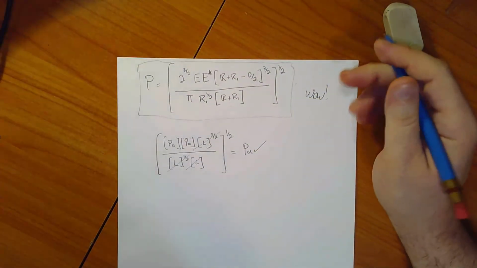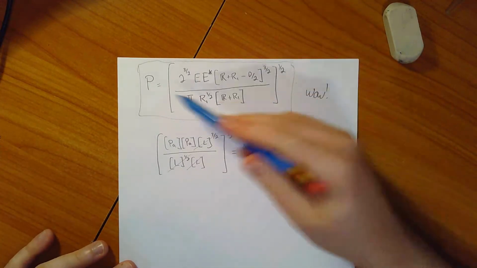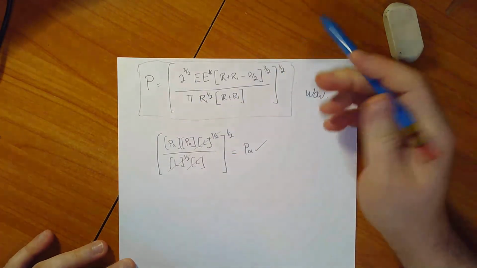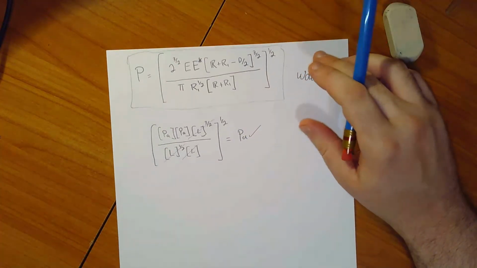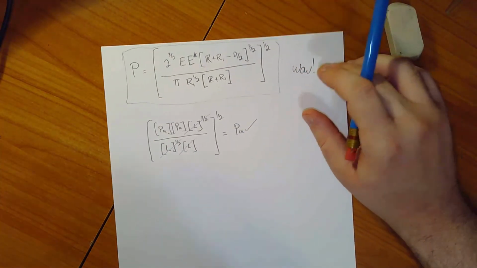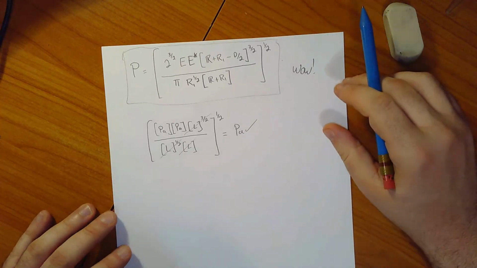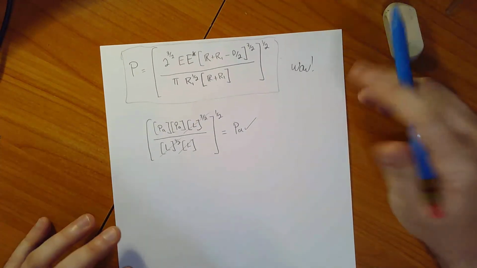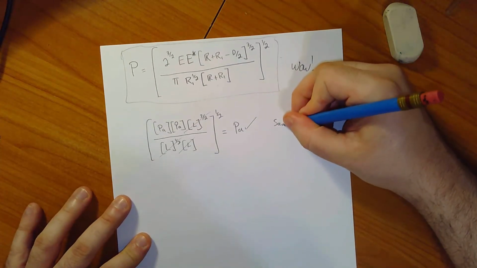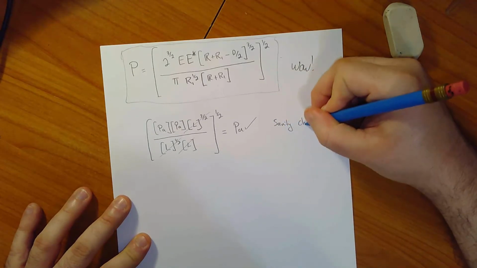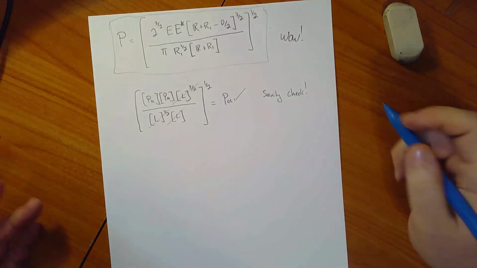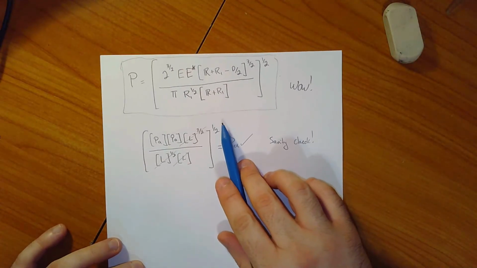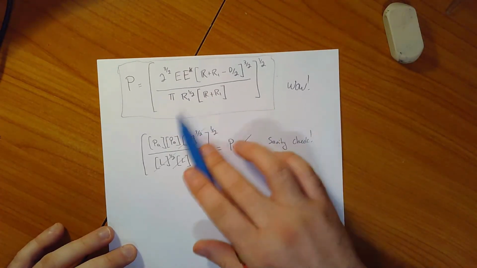That means that it's a pretty good bet this is correct, because the units work out. Had we messed up and gotten something like pressure times length or pressure times something crazy, that would indicate a mistake. But that's the sanity check. So let's just write that here. Sanity check. Okay, success.